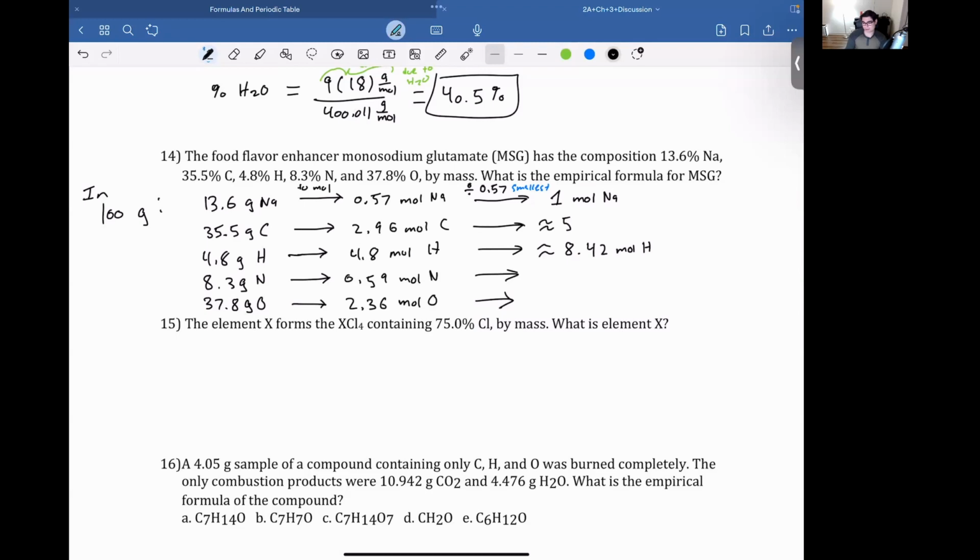So like if it's 2.2, you can round down, or 1.8, you can round up. But this is 8.42. That's almost exactly in the middle. So we're not gonna round this. So let's do the rest, and then we'll talk about it.